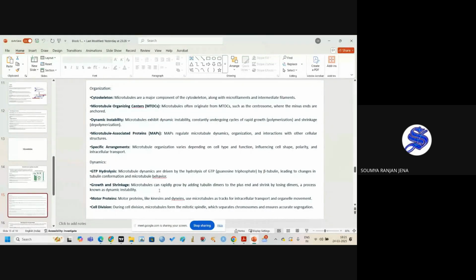And this microtubule can rapidly grow by adding tubulin dimers and shrink by losing dimers, a process known as dynamic instability.